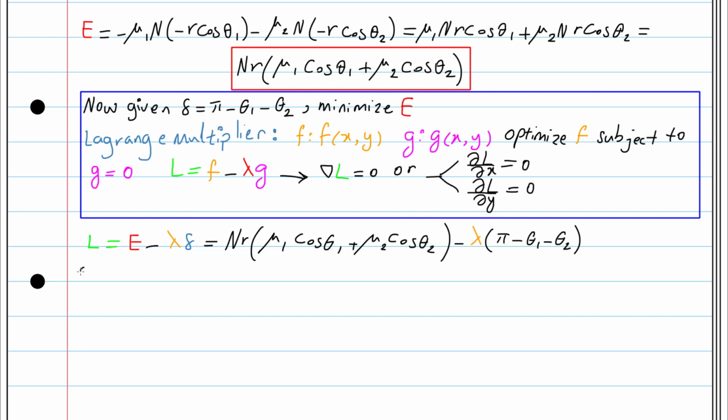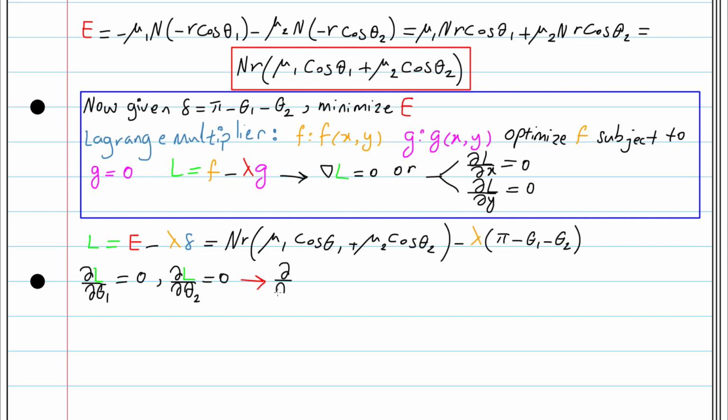In this case, the partial derivative of L with respect to theta 1 must be 0, and the partial derivative of L with respect to theta 2 must be 0.